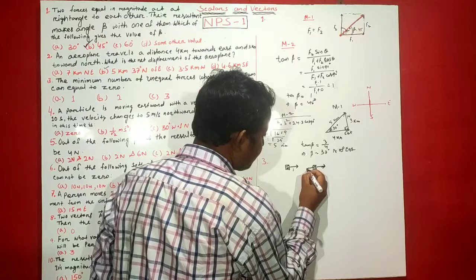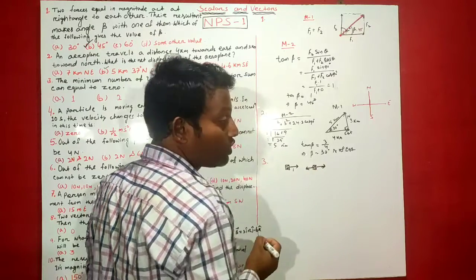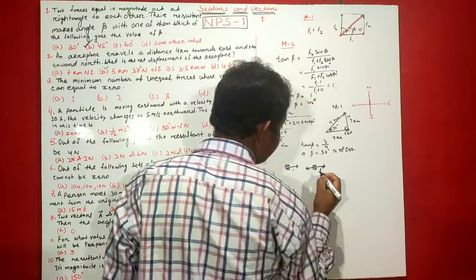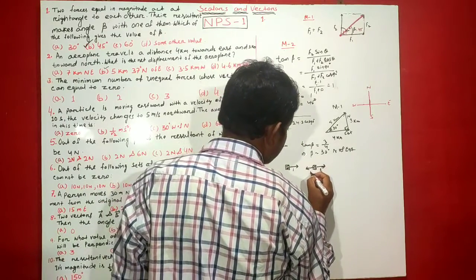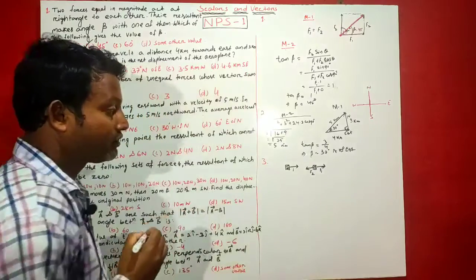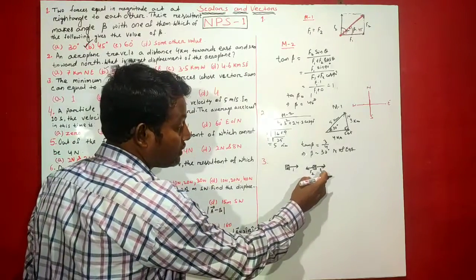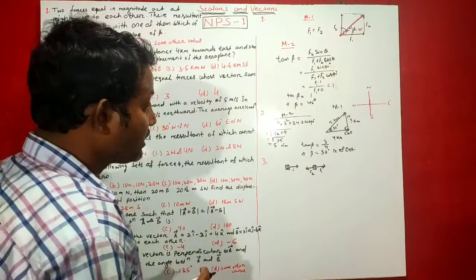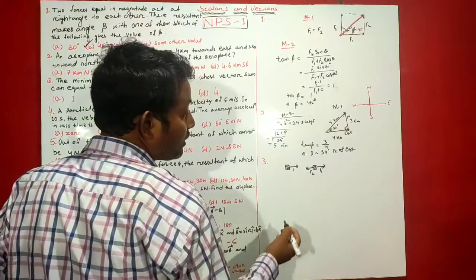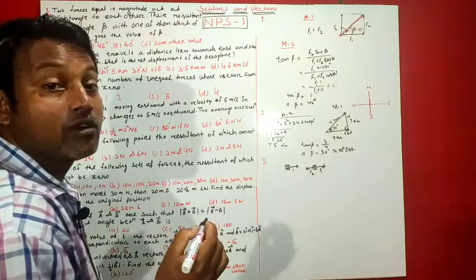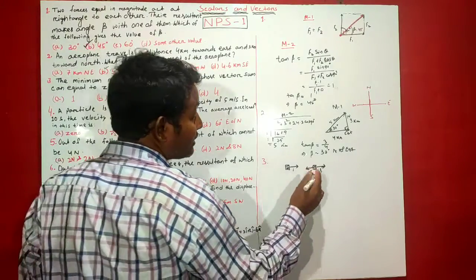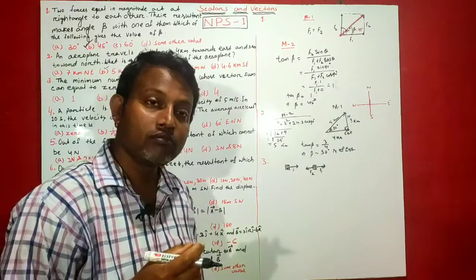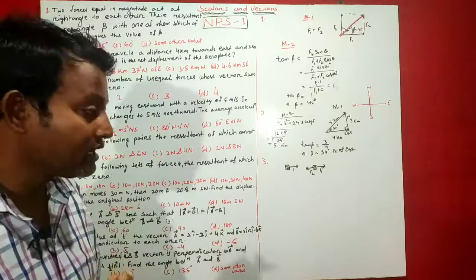Next, when we apply two forces, say this is F1 and this is F2. When the two forces are equal and we put them at 180 degrees, they give 0 resultant.